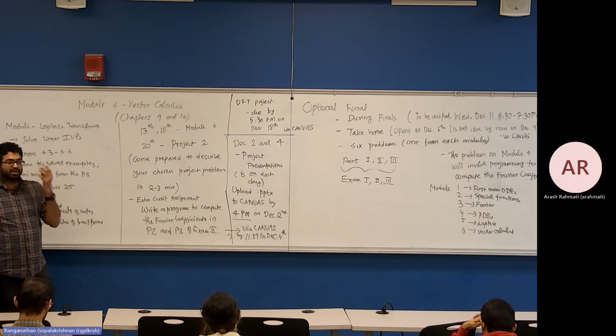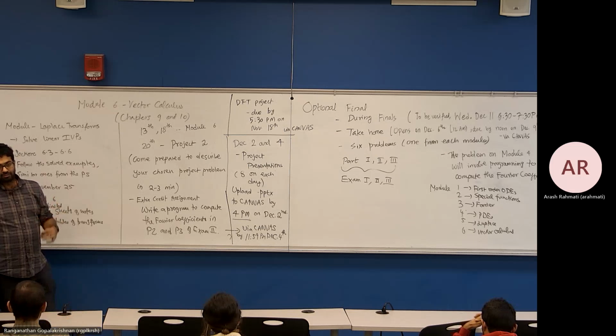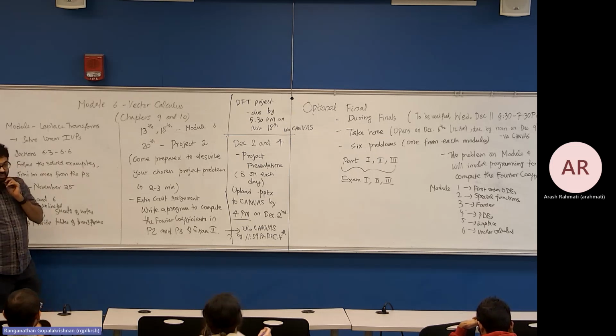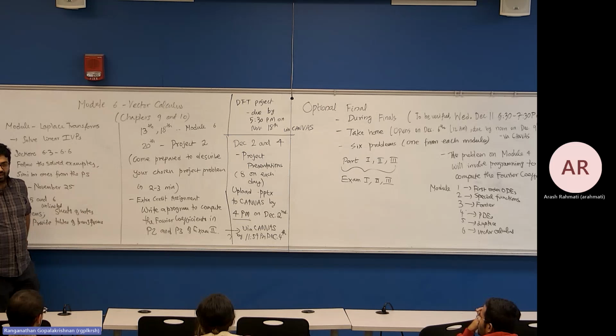But if you provide some context about your data, that will be helpful to me. Project 1 was 15% and this DFT project is 5%. In hindsight, I feel like project 1 should have had less weightage and this should have more. But anyway, now I don't want to change any of that. Next time, if I teach this, I'll think about it.